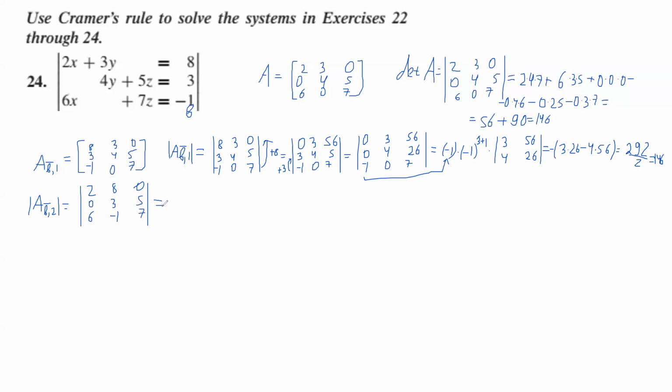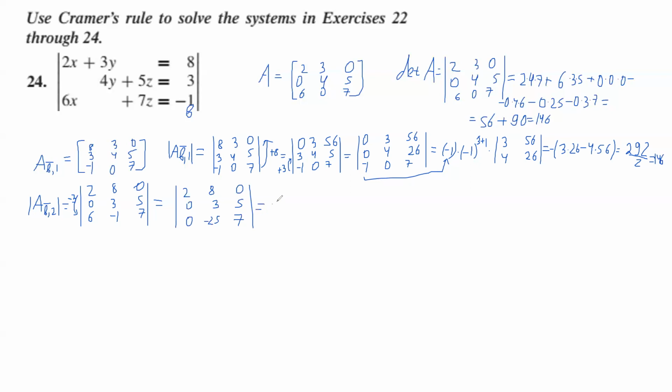In order to calculate this, we can, for example, subtract the first row times 3 from the third row. We'll get 2, 8, 0, 0, 3, 5. 6 minus 3 times 2 is 0. 3 times 8 will be 24. Minus 1 minus 24 will be minus 25. And 7 minus 3 times 0 will be 7.